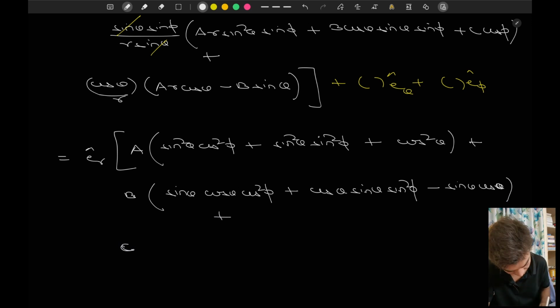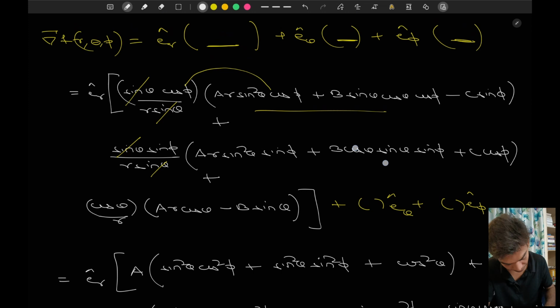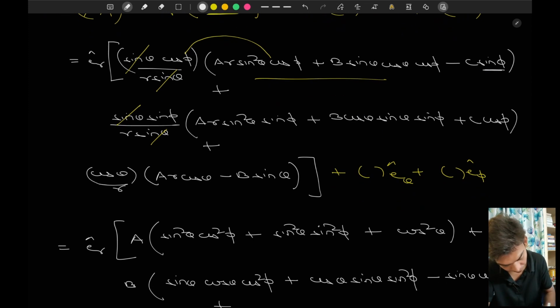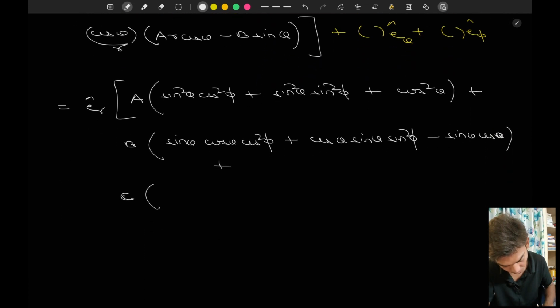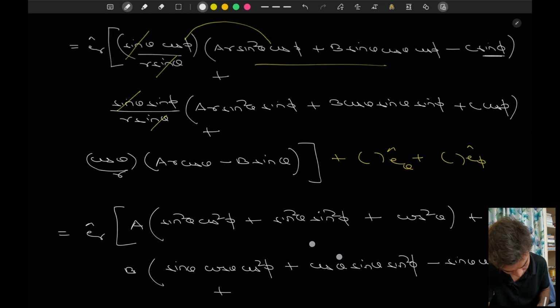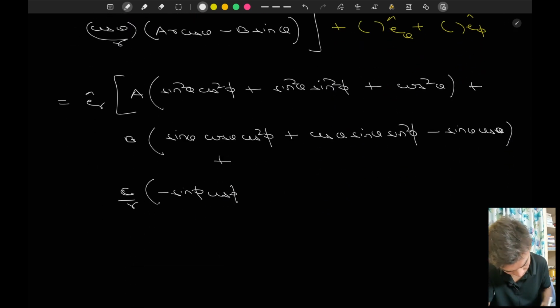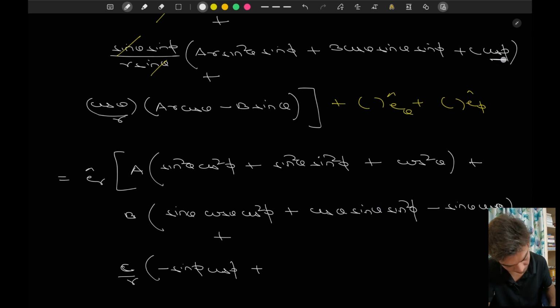And then we lastly have the c term, which is capital C. From the c term, this sin phi gets multiplied with cos phi, and there is a 1 over r there, so it will be c over r, minus sin phi cos phi, plus there is this cos phi and sin phi, so sin phi cos phi, and there is no c in the third expression, right?